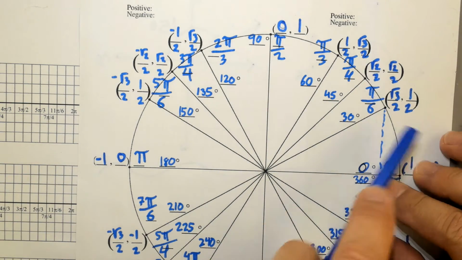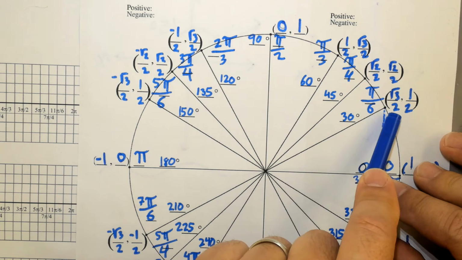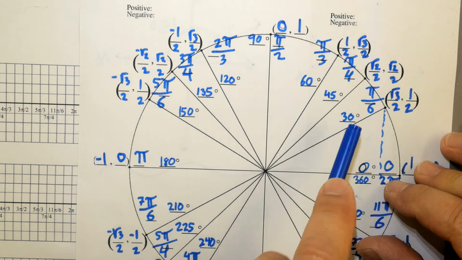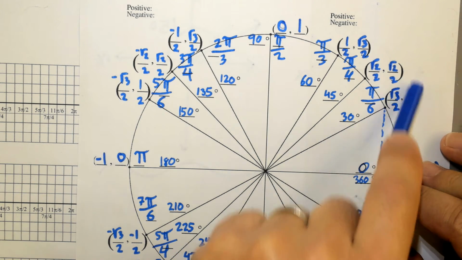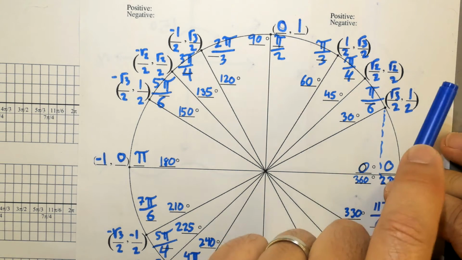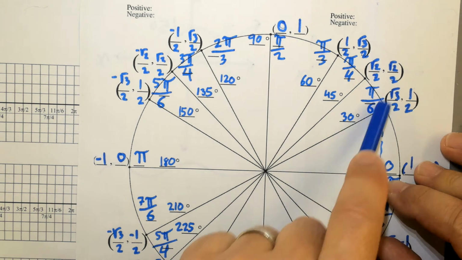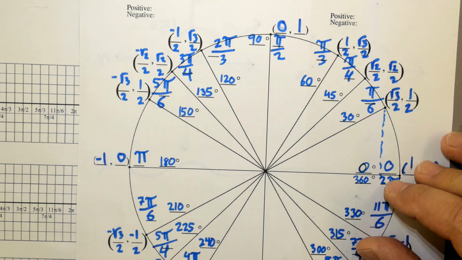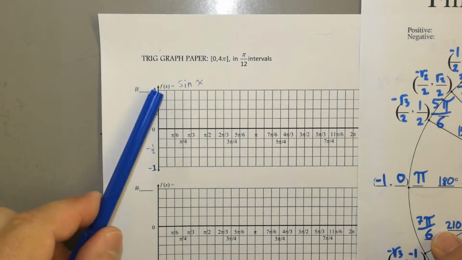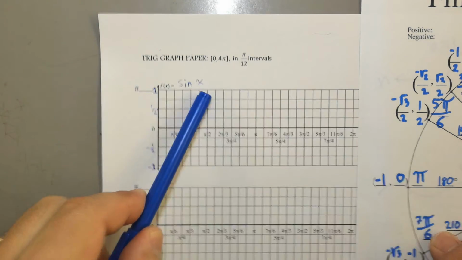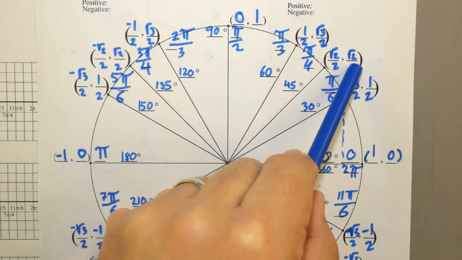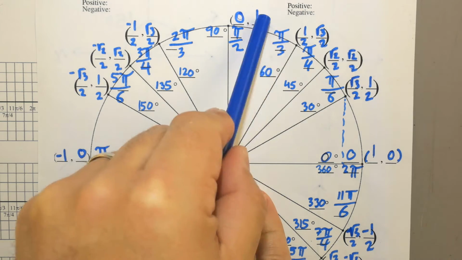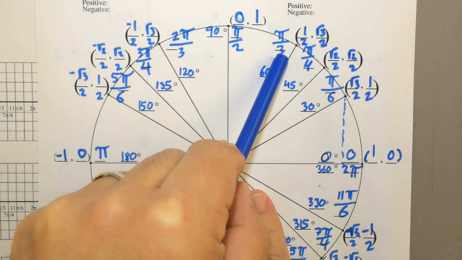So remember, the x component represents the cosine value at the angle. The y component represents the sine at this angle. Okay? So that's why for graphing f of x equals sine of x, we look at the y component value at that angle.